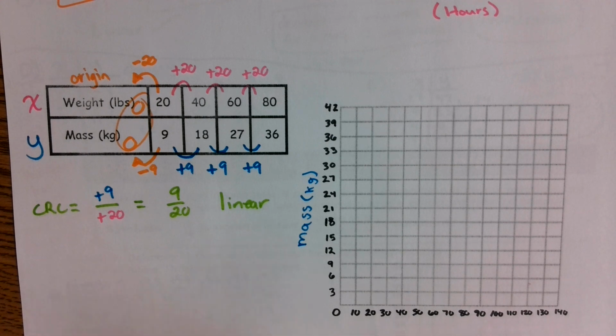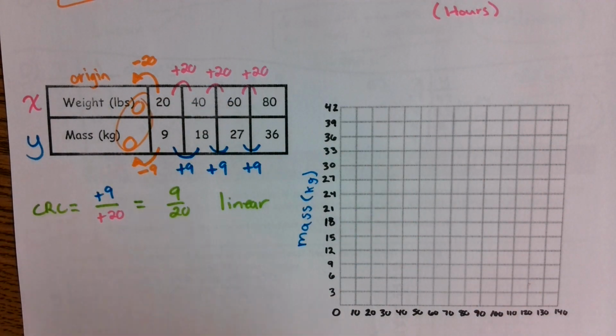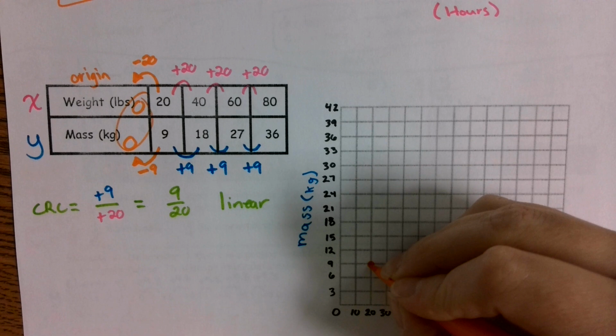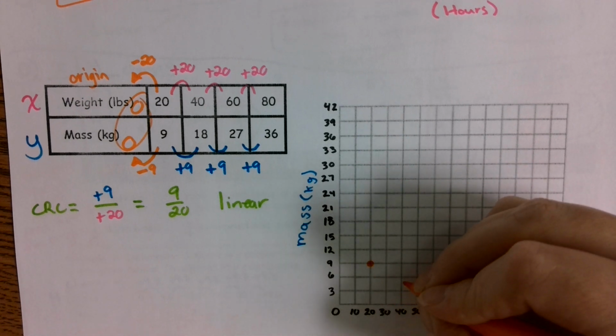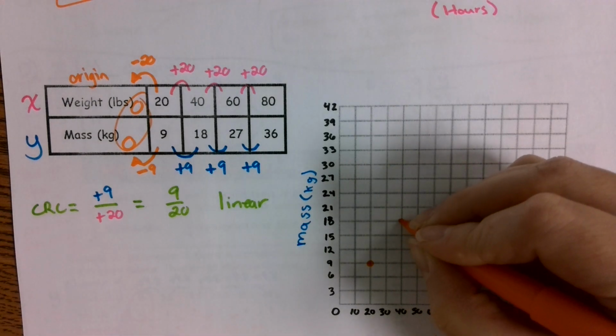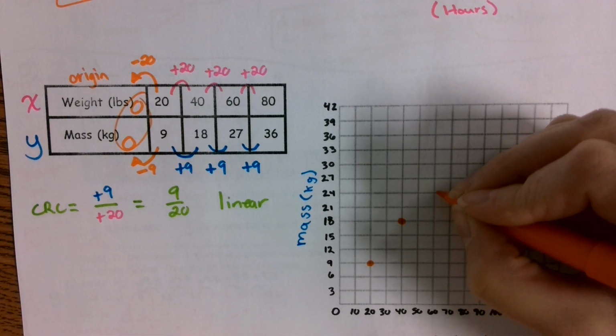If I were to graph it, if I decide, hey, I don't really want to work backwards, I just want to graph the points and see if it works out that way, that's fine too. At 20, I would go up to 9. At 40, I would go up to 18. At 60, I'm going to go to the 27.